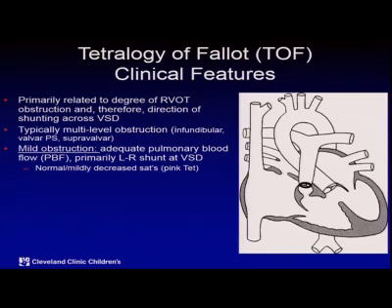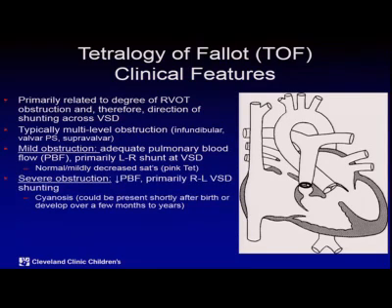We call them the pink TETs. On the other hand, if you have severe obstruction, you will have severely decreased pulmonary blood flow, and if blood cannot get out of the right ventricle, it will go right to left across the VSD, and this will cause cyanosis. This can be present right after birth in severe TETs, or it could develop with worsening of the obstruction over months to years.